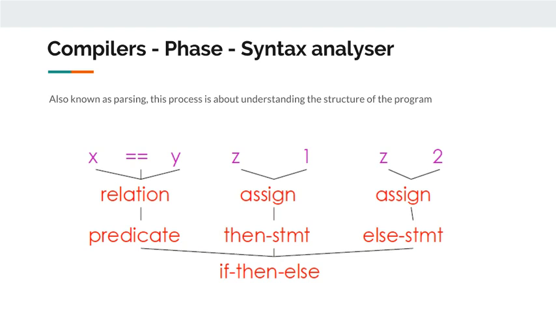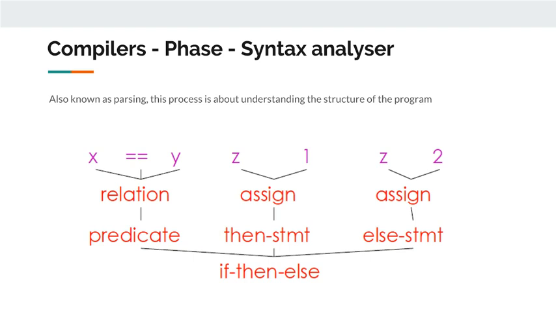If we come to the then statement, we will have an assignment, z equal 1. And if we come to the else branch, we will also have an assignment, z equal 2. So at the root node, you will have the if-else statement, and from there you have 3 children, which are the predicate, the then statement, and the else statement.